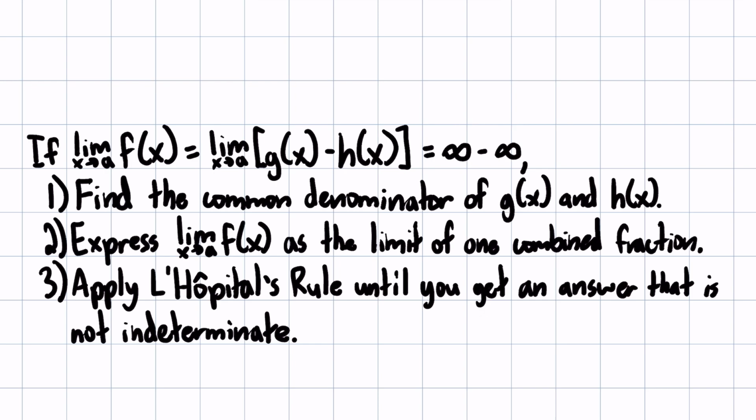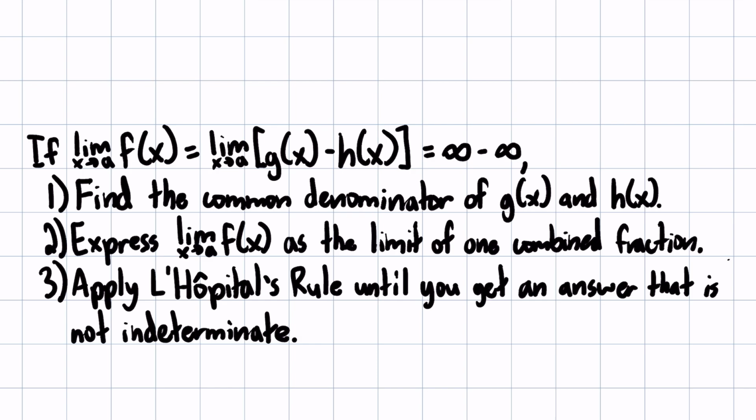Our goal here is going to be to get this into a form that we can L'Hopital. So instead of being a difference, we want it to be a quotient, where when we take that limit, we get either 0 over 0 or infinity over infinity. In order to do that, we need to combine the two functions that we're taking the difference of. The first step is to find their common denominator.